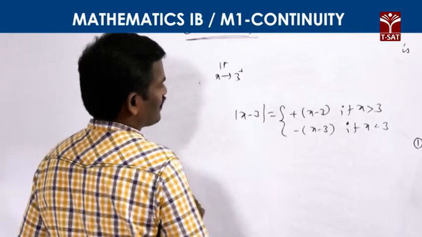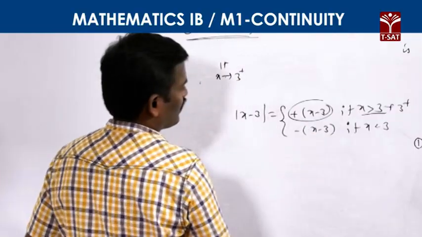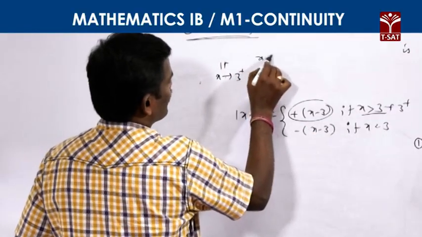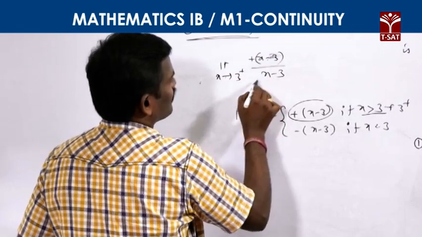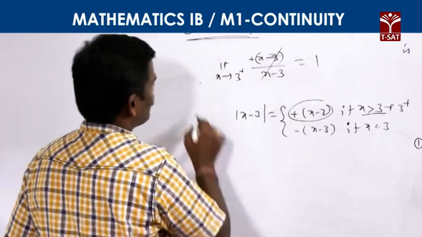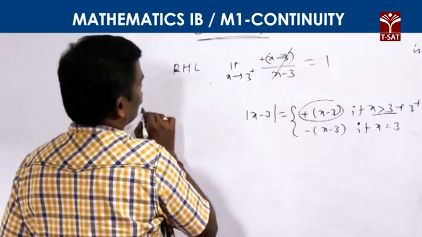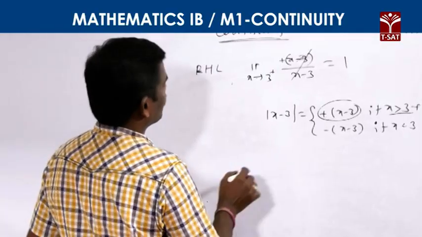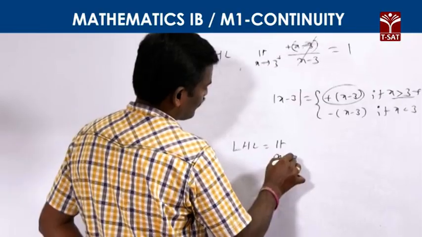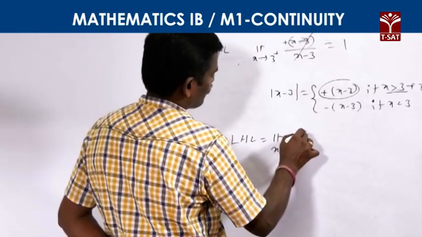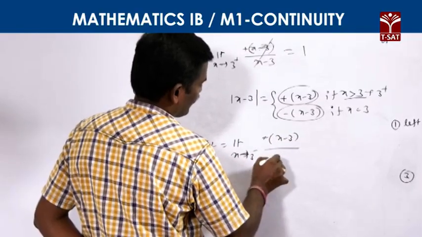In the 3 plus case the function is plus of x minus 3 by the denominator x minus 3, and the answer is 1. This is the right hand limit. Next, the left hand limit, the limit as x tends to 3 minus of f of x: minus of x minus 3 by x minus 3.